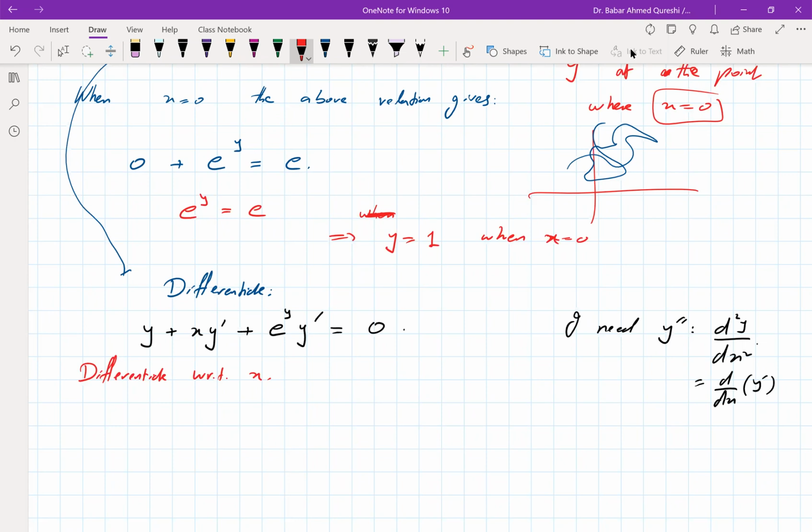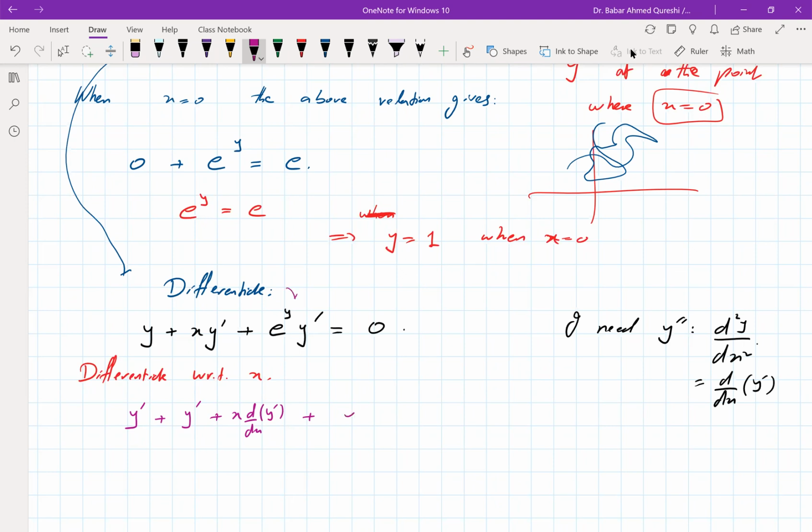So when I differentiate with respect to x, again I get y dash plus the derivative of xy, that gives me y dash, plus x and the derivative of y dash, which is y double dash. Let me write it explicitly first. So then I come to this term.